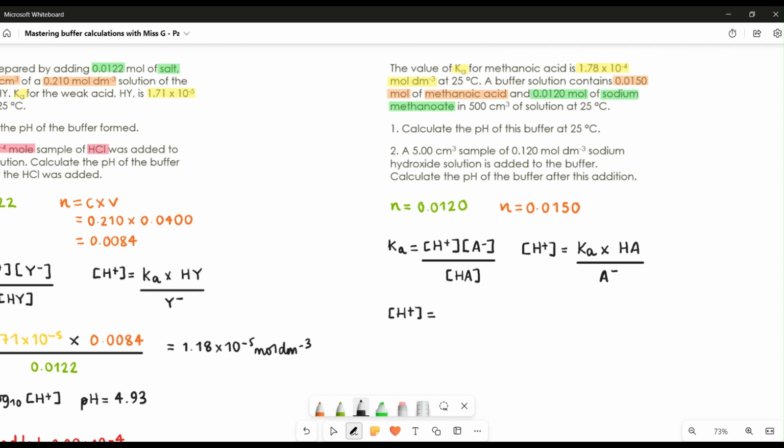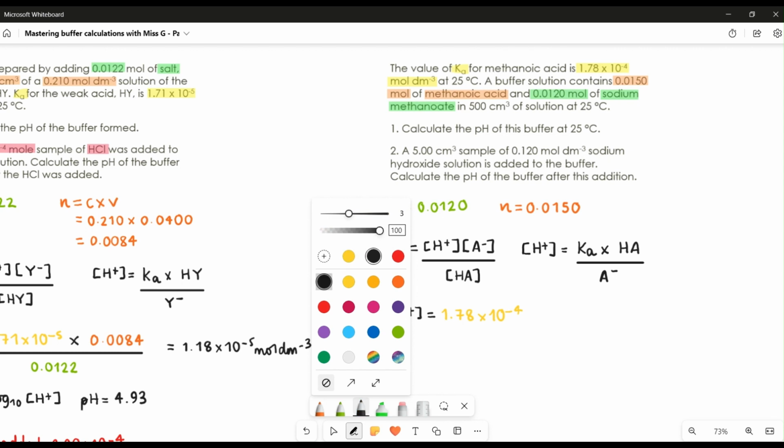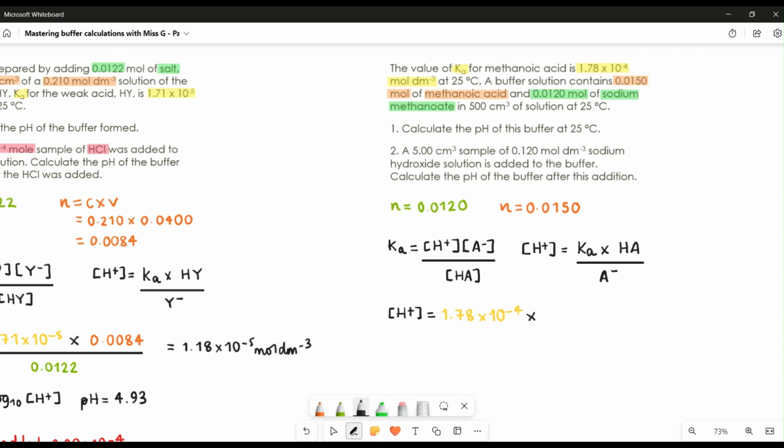So the Ka value that we were given in the question is 1.78 times 10 to the minus 4. We're then going to multiply that by the moles of HA, which is 0.0150, and then divide that by the moles of the salt, which is 0.0120. I'll just work out what that is on my calculator now.